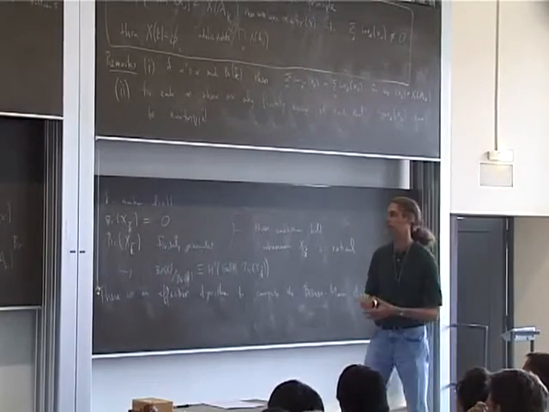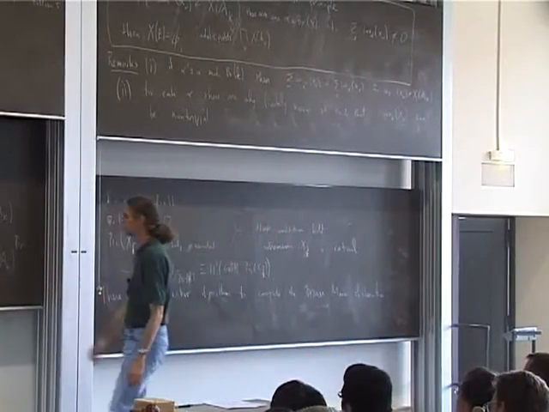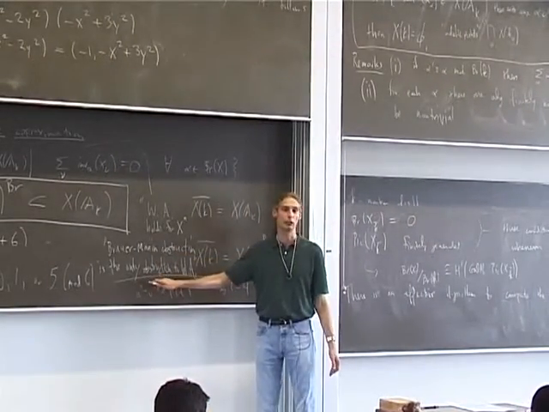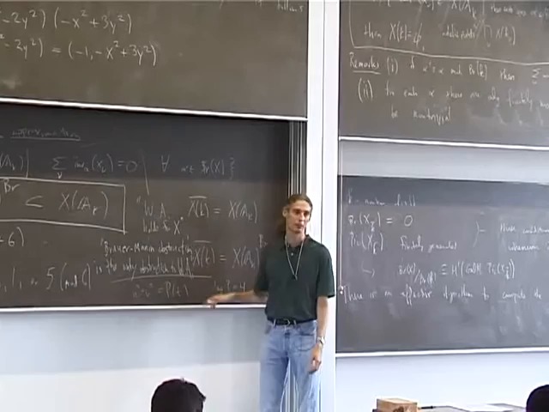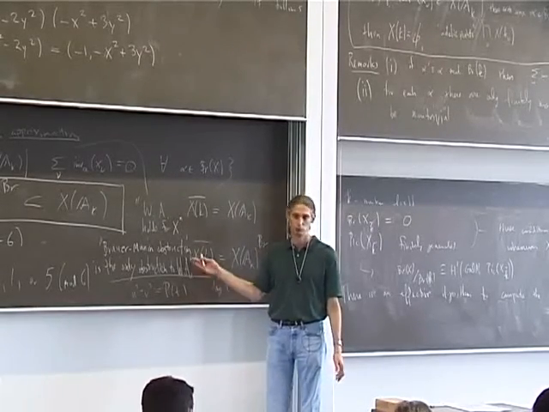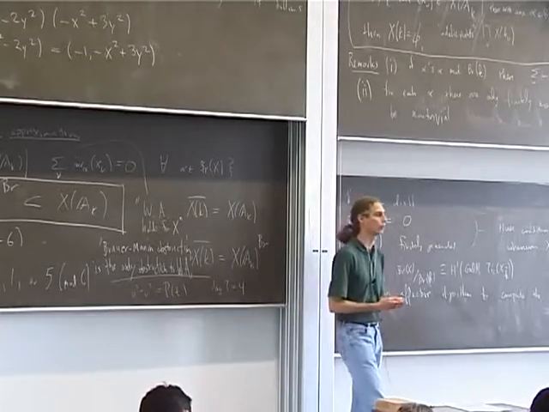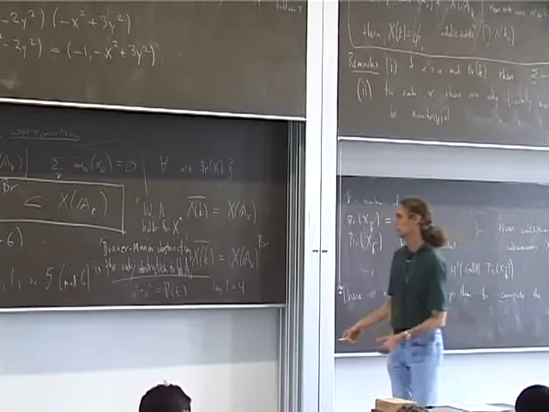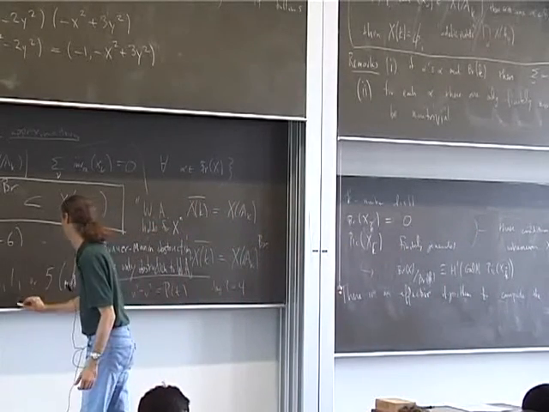But the precise statement is that the Brauer-Manin obstruction is the only obstruction to weak approximation on such surfaces. They're called generalized Châtelet surfaces.